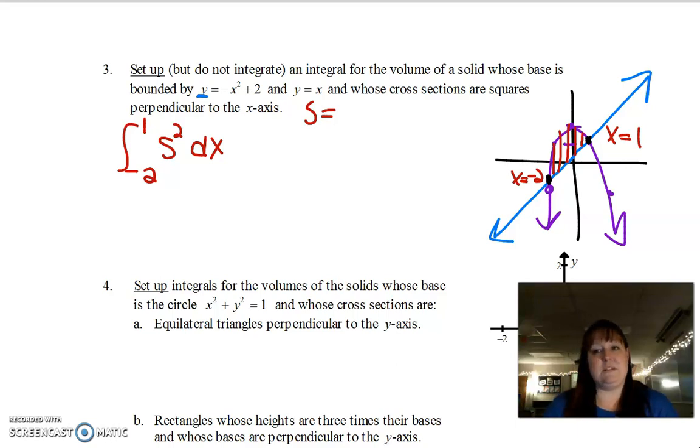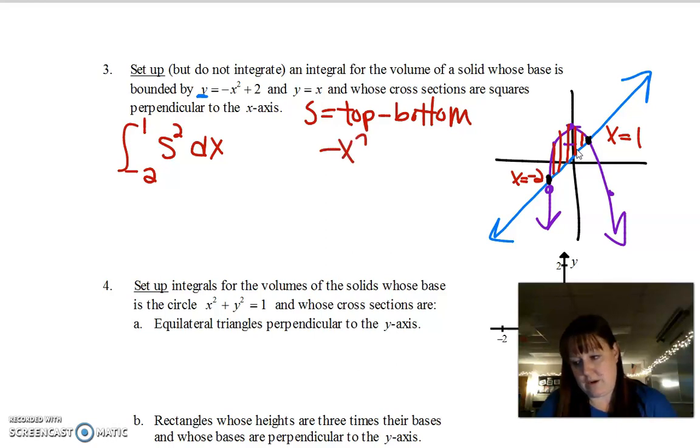Well, the side equals this length right here. This minus that. This function minus that function. So the output of this function minus the output of that function. So to find the side, we're going to do top minus bottom.